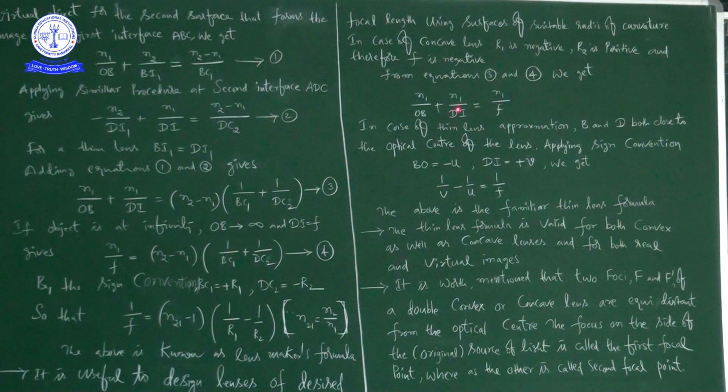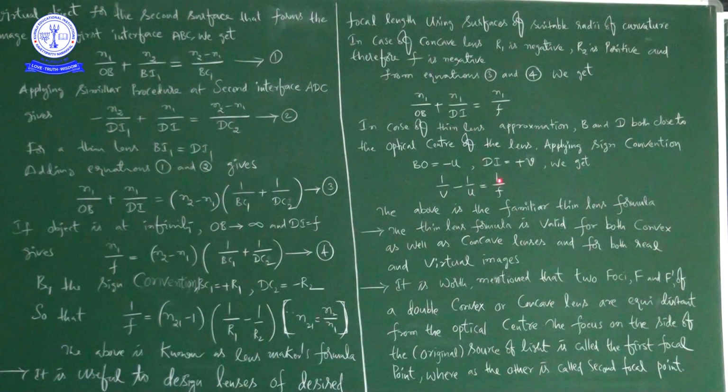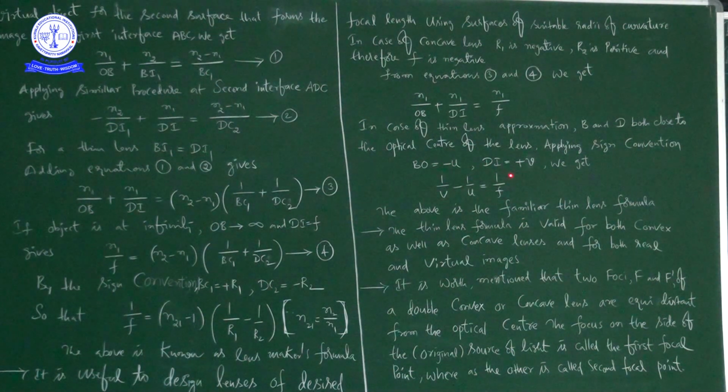Next, in case of thin lens approximation, B and D are both close to the optic center of the lens. Applying the sign convention again, BO is equal to minus U and DI is equal to plus V. So by applying the sign convention you get 1 by V minus 1 by U is equal to 1 by F. This is in case of a thin lens.